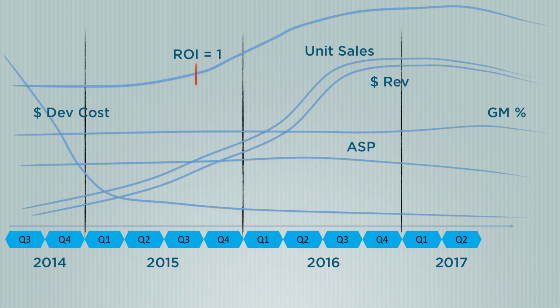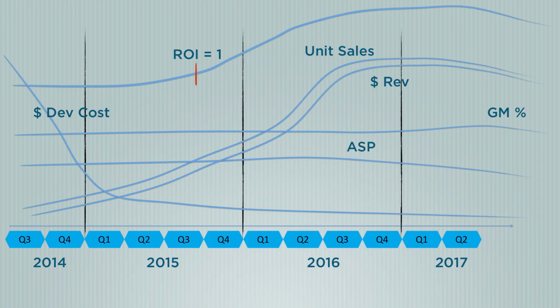When I show you this chart, we have discussed unit sales, return on investment, the development cost, the revenue, gross margin, and average selling price. It does change and trend over time. We can discuss why that is so. Maybe you offer some discounts for a period of time, or some promotional rebates or what have you.